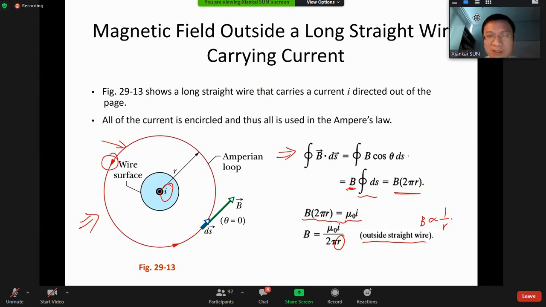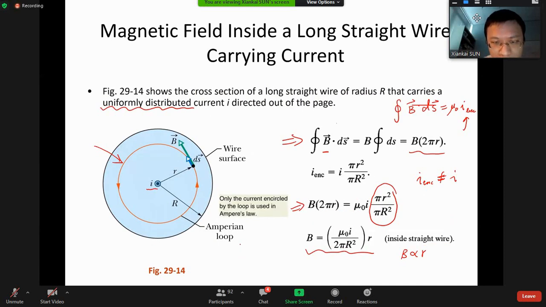So basically from these two examples, we can tell that if we draw the relationship between B and r, when r is smaller than big R, that is the radius of the wire, B is proportional to small r.